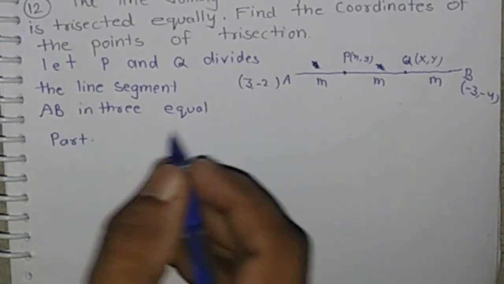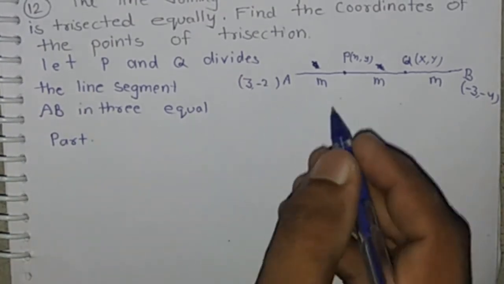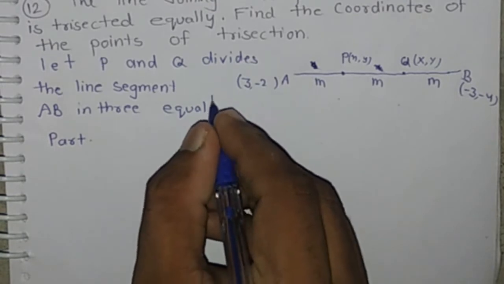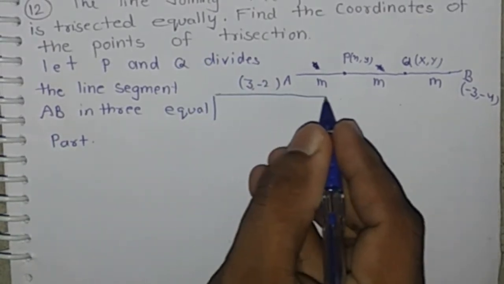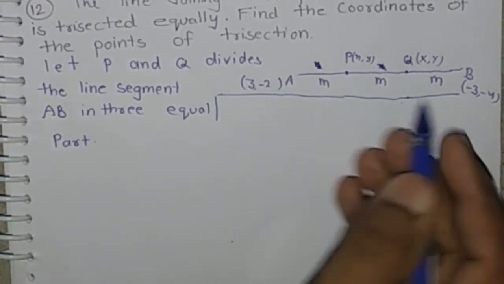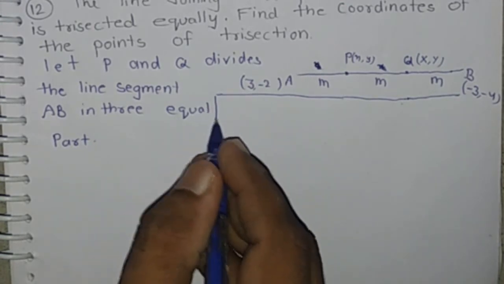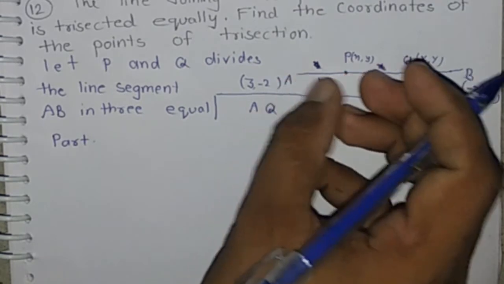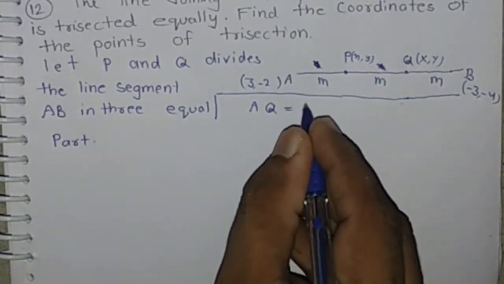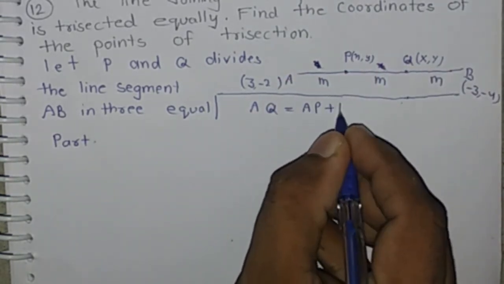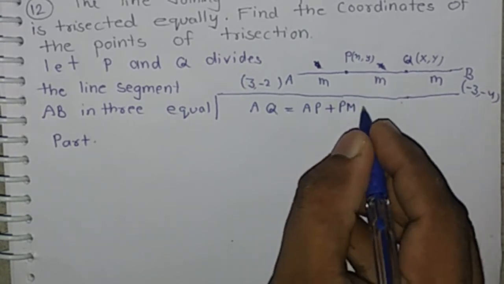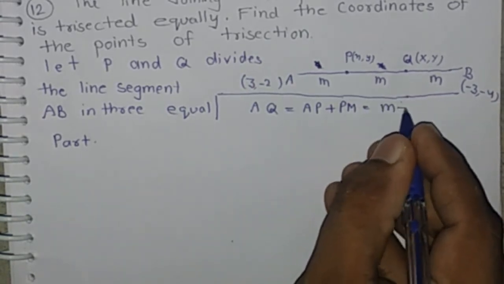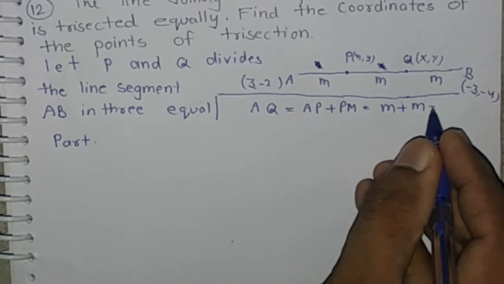Then if we find AQ, AQ equals AP plus PQ, means M plus M, it is 2M.